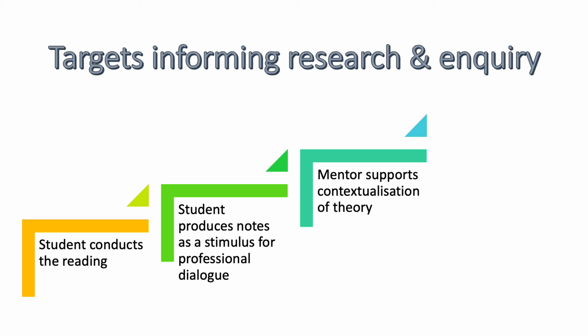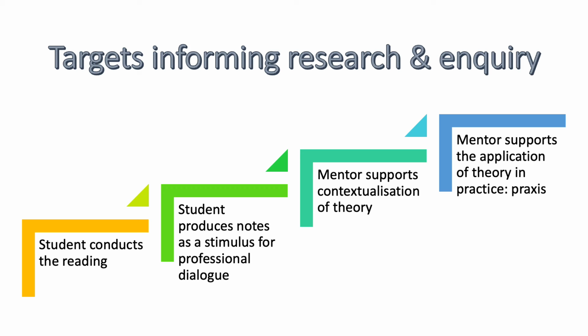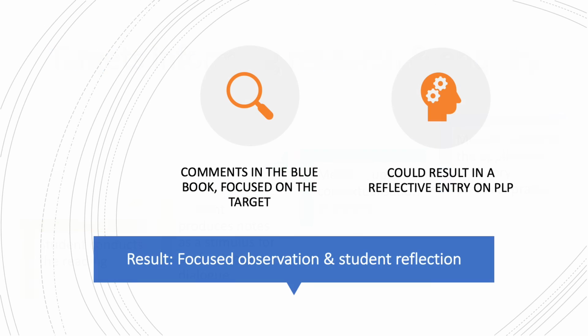And of course, the next logical step would be for your student teacher to plan and deliver a lesson whereby they work on said target and try to convert theory into practice, trying some stuff out, which could result in a very focused observation from you where you're simply focusing on that target.